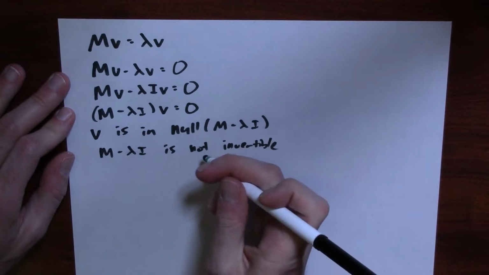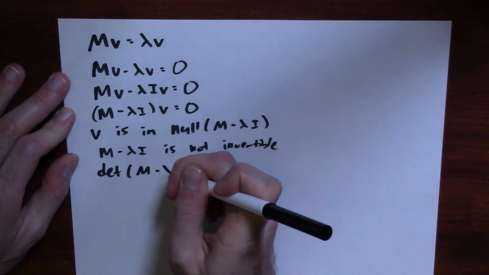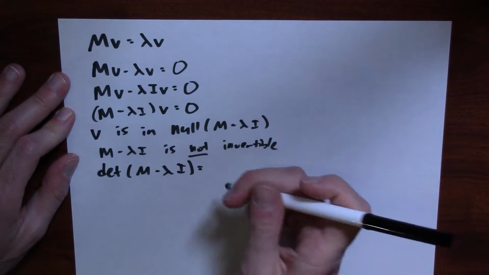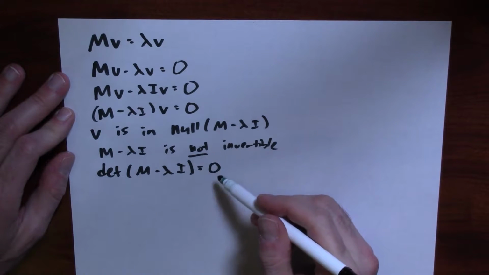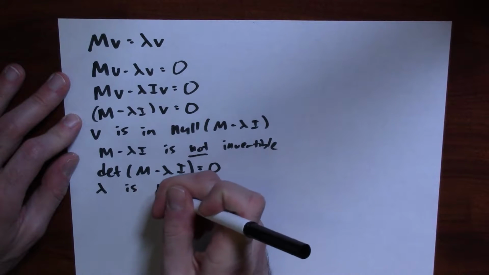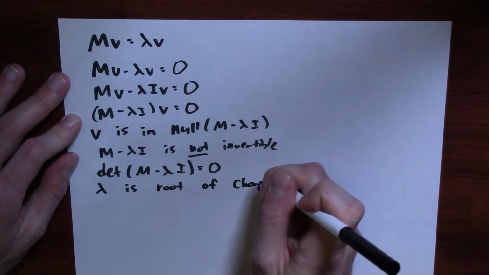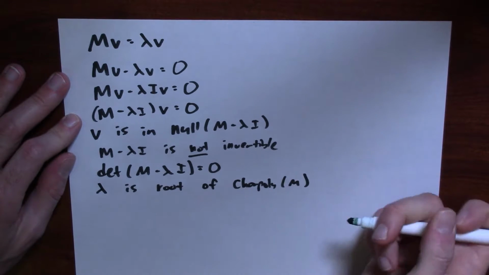And because it's not invertible, the determinant of M minus lambda times the identity must be equal to 0. Or in other words, lambda is a root of the characteristic polynomial of this matrix M.